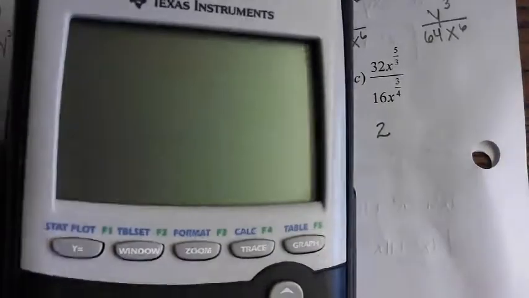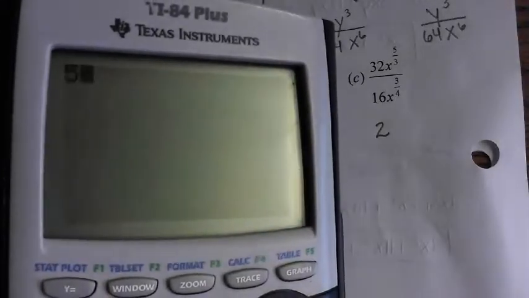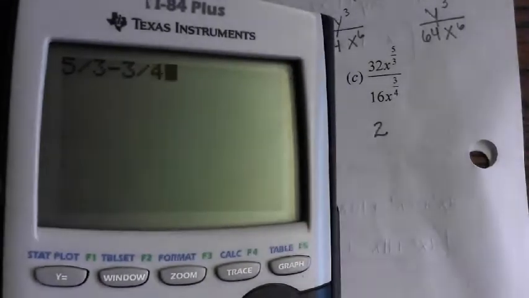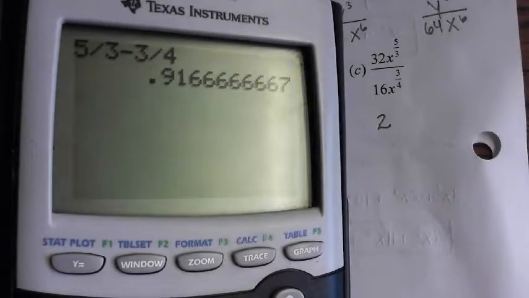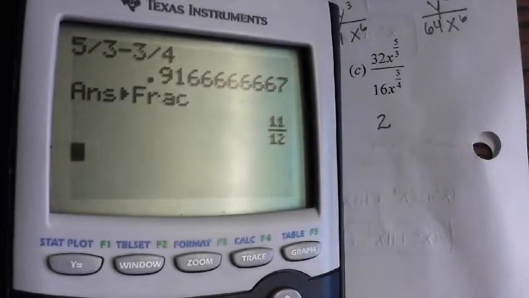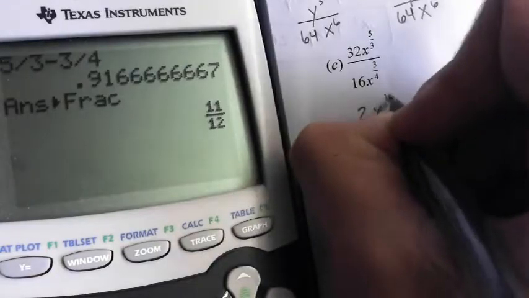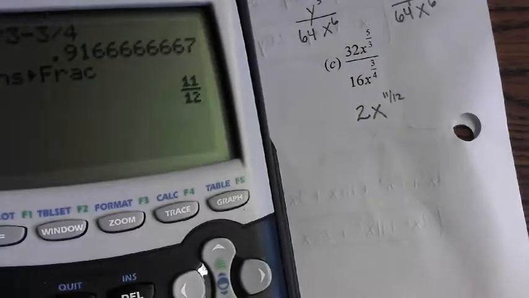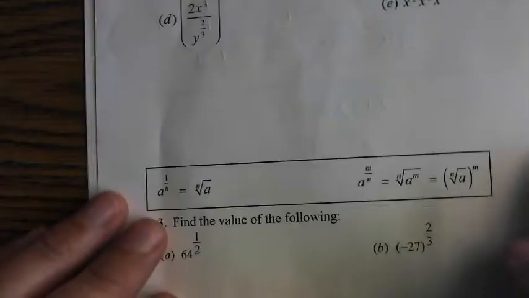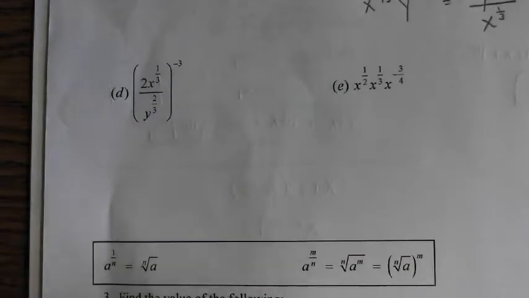Because you do have a calculator, I say why not use it. So 5/3 minus 3/4, and you all should know how to convert it back into a fraction. So 2x to the 11/12. Simple enough? Okay.